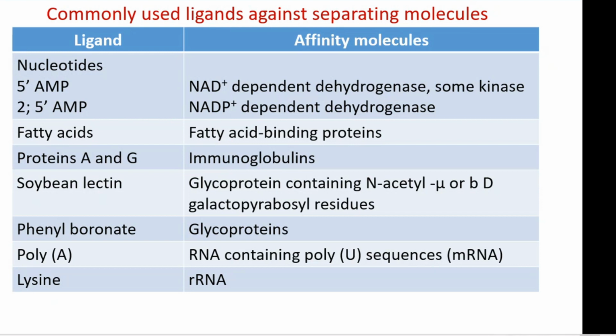Okay. The next is poly-A. So we can also use poly-A. The poly-A is very specific in that it can be used to separate specific RNA molecules which have a run of poly sequence. The poly sequence is very common in mRNA molecules.